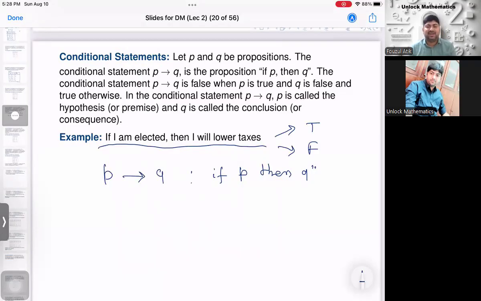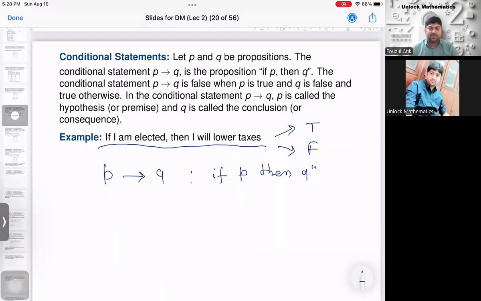That he or she has made a correct statement or a wrong statement. Now you try to understand the case when you can say the politician was wrong. If you just look at this statement and then tell when you can say that this statement is false, the politician made a false statement.